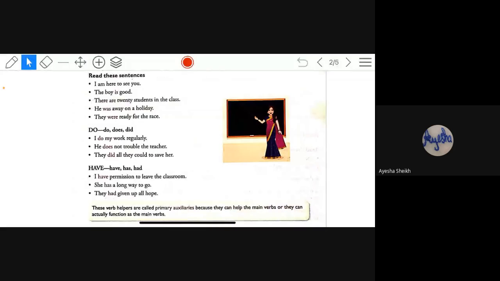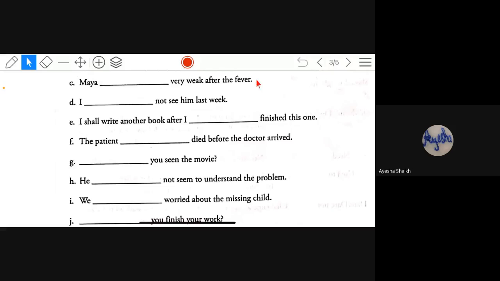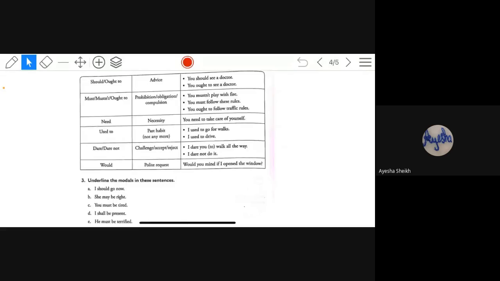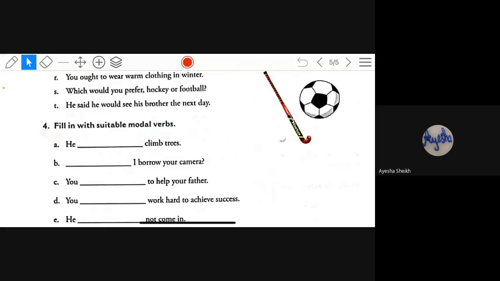All this we had done. The helping verbs. Yes. Exercise 4 we had done lastly.